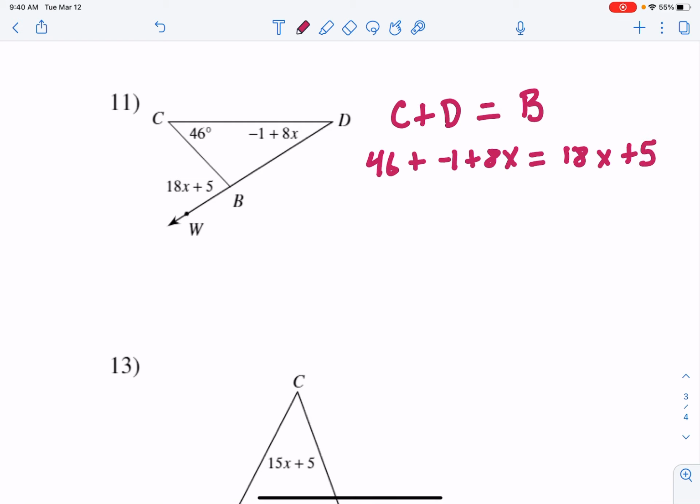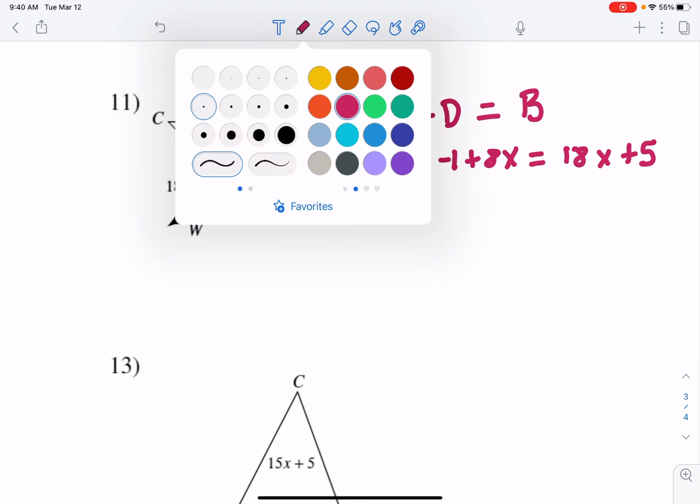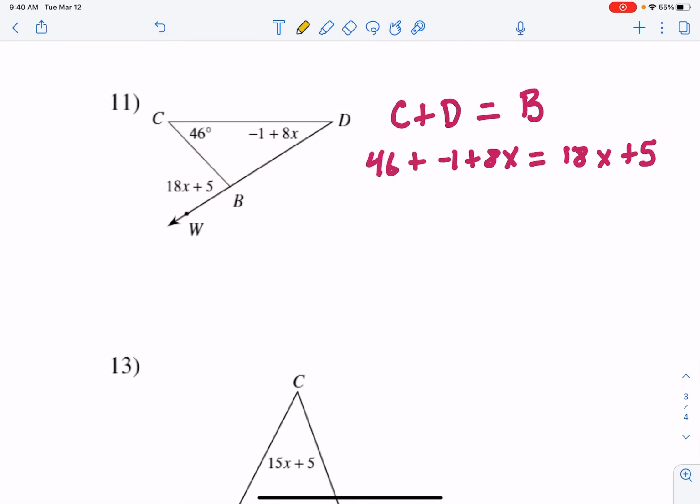All right, whenever you are solving an equation like this, your first step is always to combine like terms. And like terms are terms that have the same variable or constant. So just first start by adding or subtracting any number that doesn't have a variable. So that's going to include 46 and -1 on the left side of the equal sign.